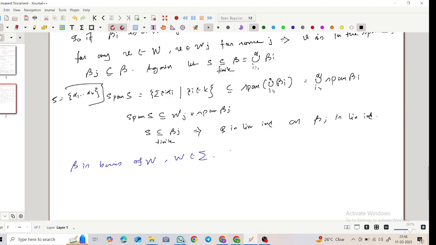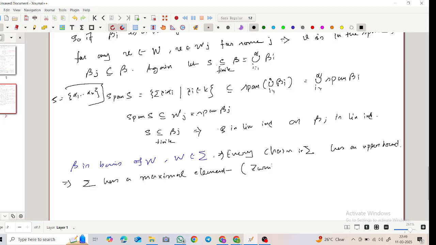So every chain in sigma has an upper bound. This implies sigma has a maximal element by Zorn's lemma.